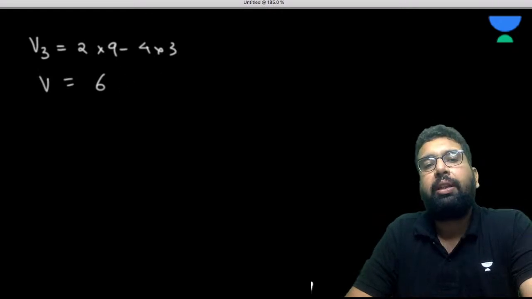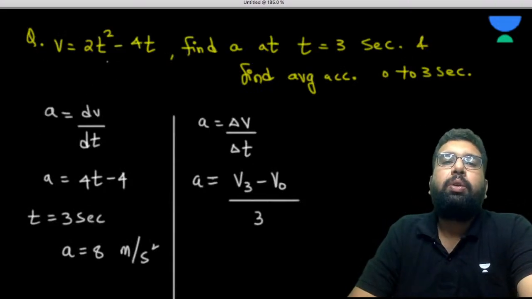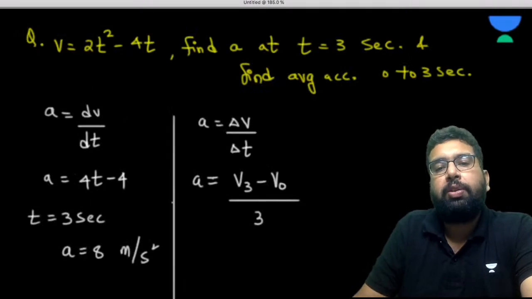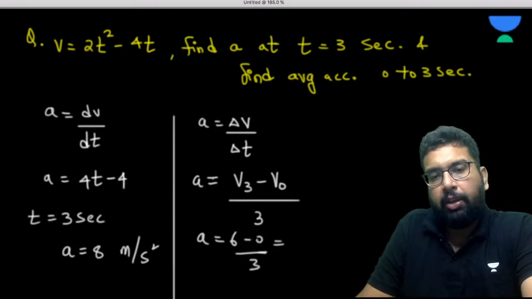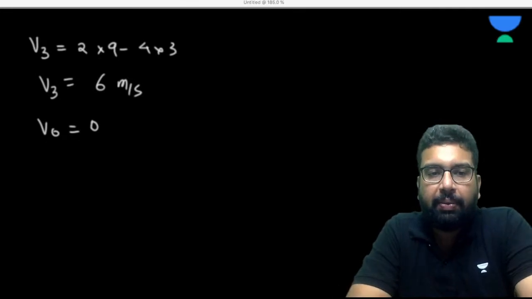So v3 is 6 meter per second. Now, what is v0? v0 is when you put t is equal to 0, so this is 0. So v3 minus v0 is 6 minus 0, by 3. So this is 2 meter per second. You got this concept, right? Easy? Yes or no?